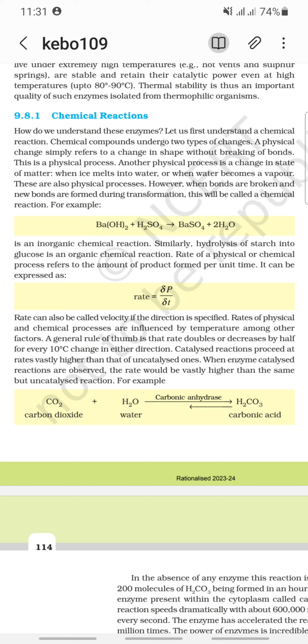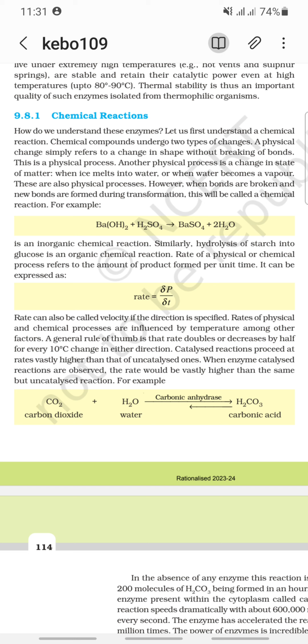For example, Ba(OH)2 plus H2SO4 gives BaSO4 plus 2H2O, an inorganic chemical reaction. Similarly, hydrolysis of starch into glucose is an organic chemical reaction. Rate of a physical or chemical process refers to the amount of product formed per unit time.